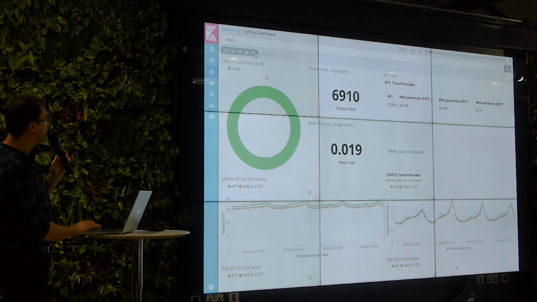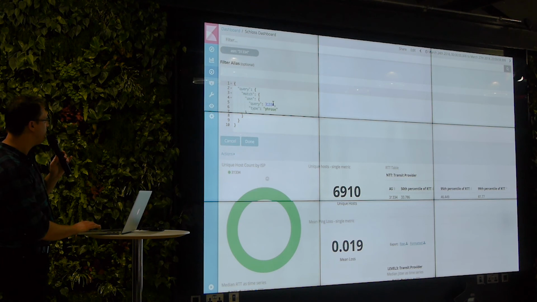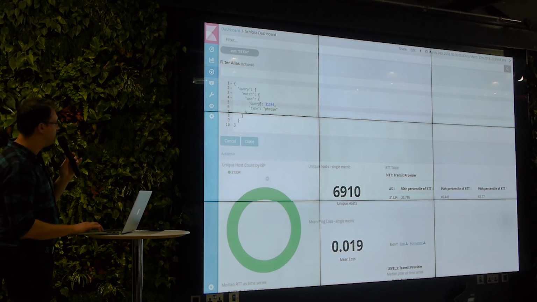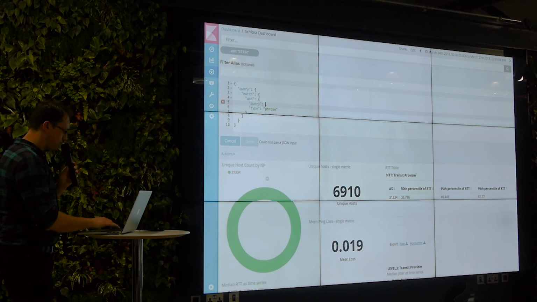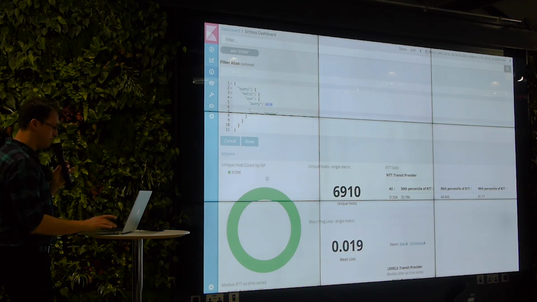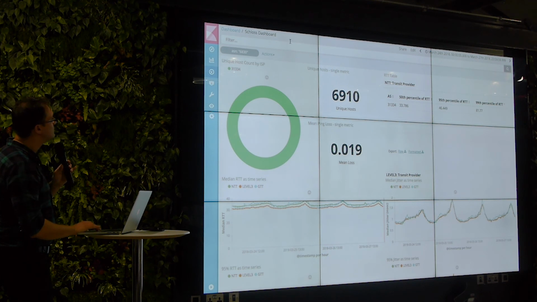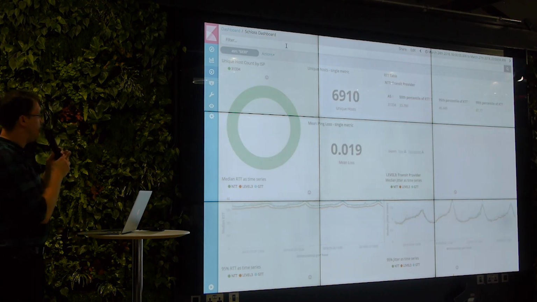But let me go, for example, to Telefonica Germany, if I remember correctly. This filter is running now.